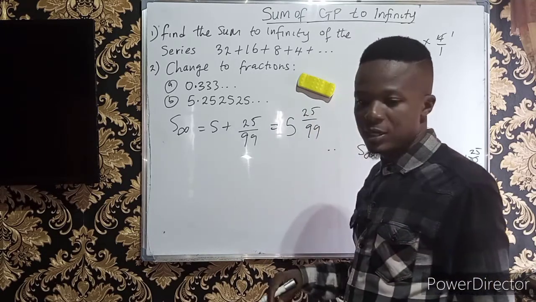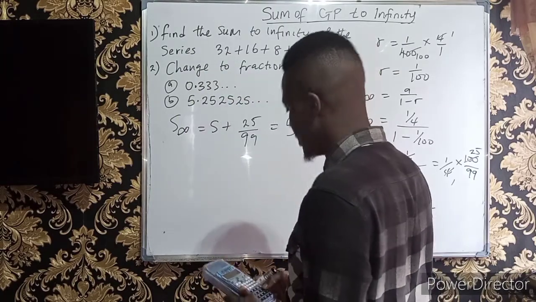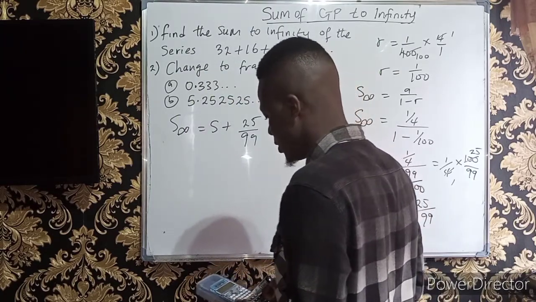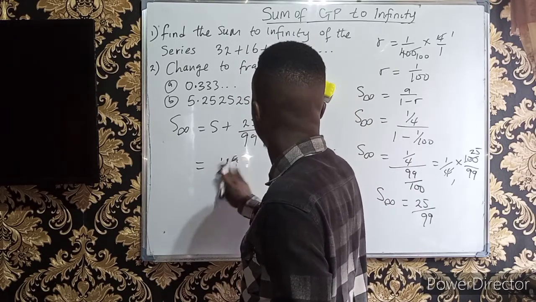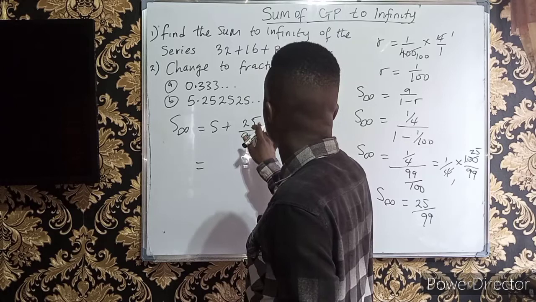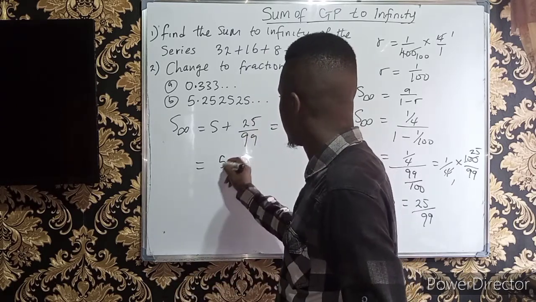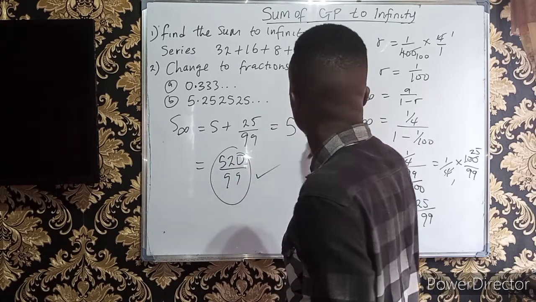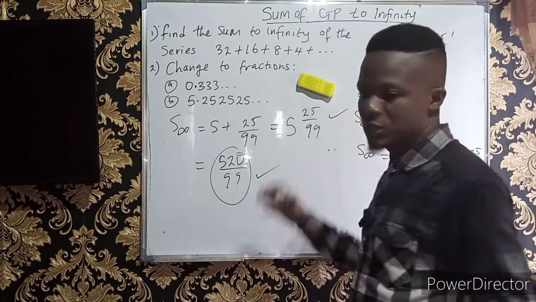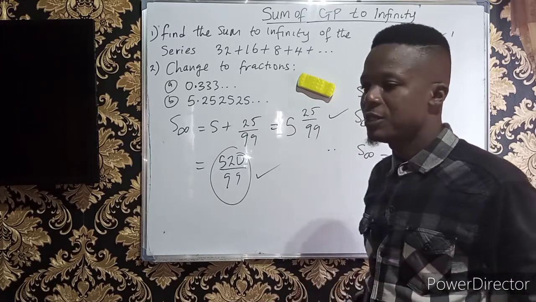If I don't like, I will change this to an improper fraction by saying 99 times 5, which will give me 495, then plus 25, it will give me 520 all over 99. So either this or this is okay, and that is the application of sum of GP to infinity.